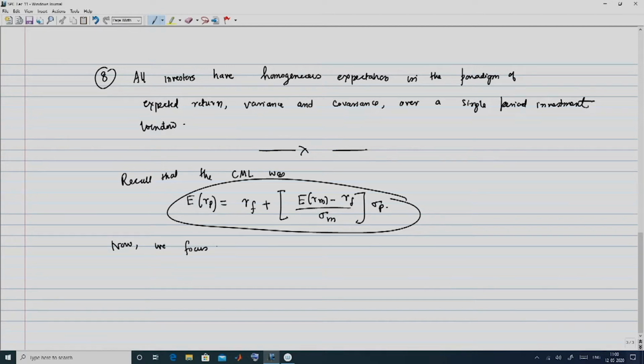Okay, now that we have recalled this, we can focus our discussion on the CAPM. Now, what is the CAPM?